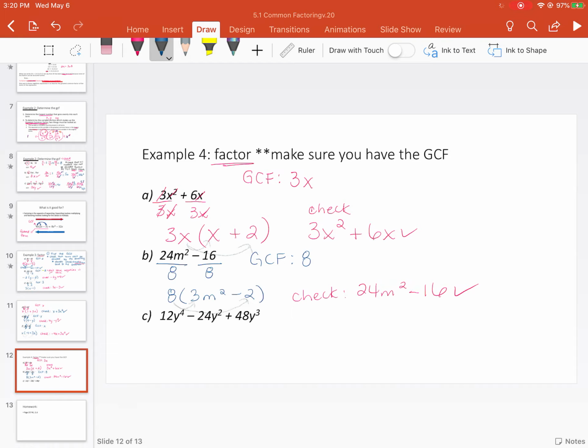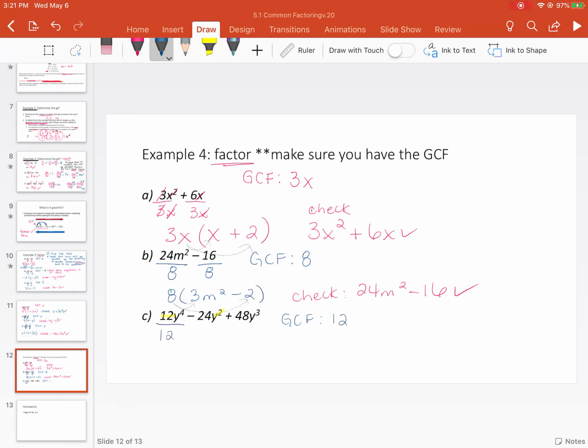So down here, for example, we have 12y squared as the lowest term. So this 12 is the lowest number, and this y squared happens to be the lowest y term. So if you're not sure, then again, get out your simple calculator and do 24 divided by 12, which gives us 2, and 48 divided by 12, which gives us 4.